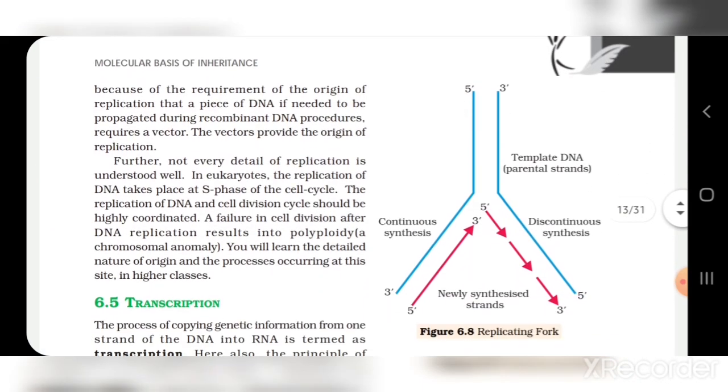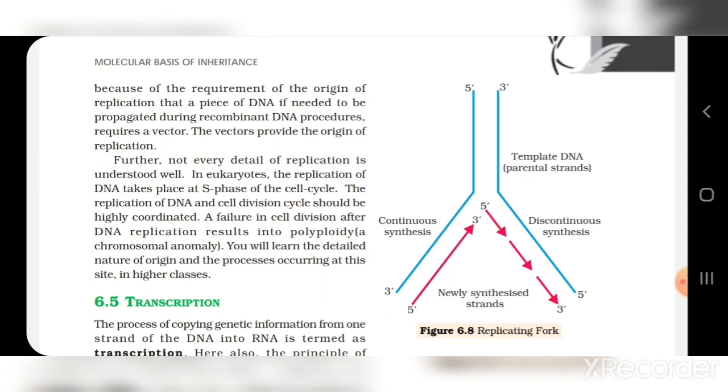You can see in the picture that this is the structure of a replication fork. The blue ones are the template DNA. Since DNA polymerase acts in the 5' to 3' direction, that means the template is in 3' to 5'. One strand is continuous, and that is called the leading strand. The other strand, which is running from 5' to 3', has a problem.